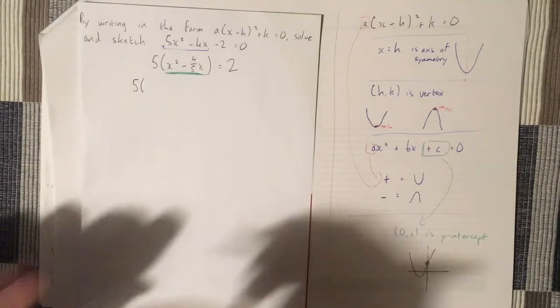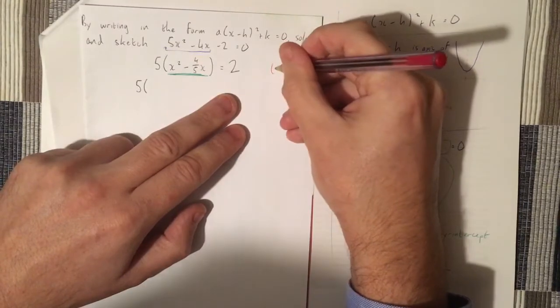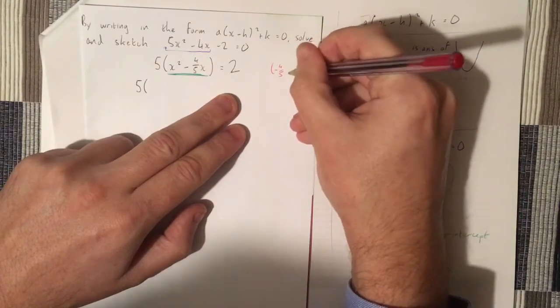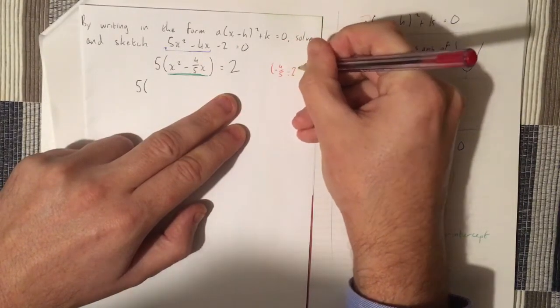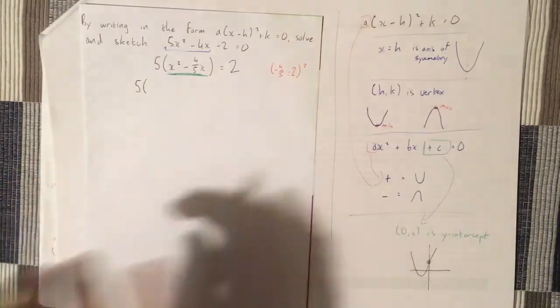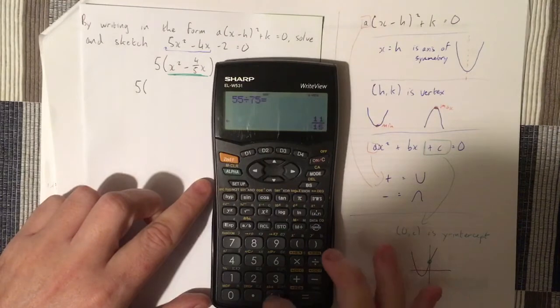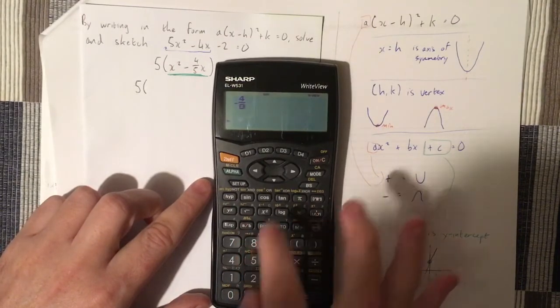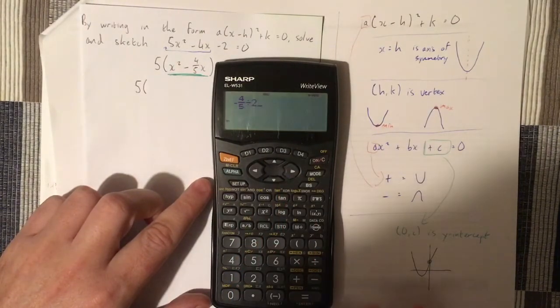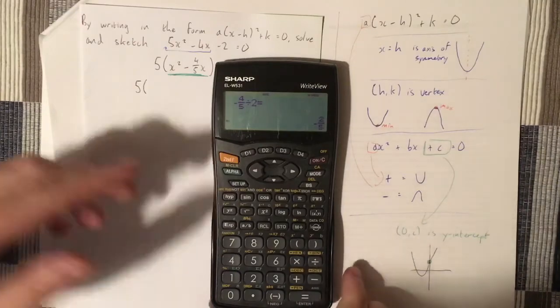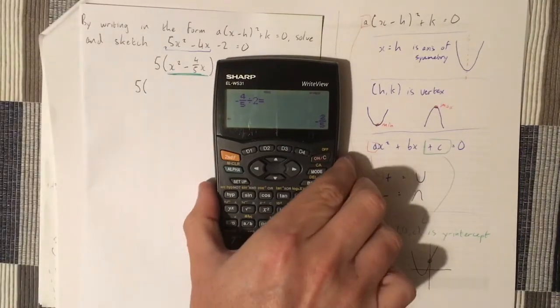Minus 4 over 5 divided by 2 and then square it. So what is minus 4 over 5 divided by 2? Minus 4 over 5 divided by 2 is minus 4 over 10, which is minus 2 over 5.